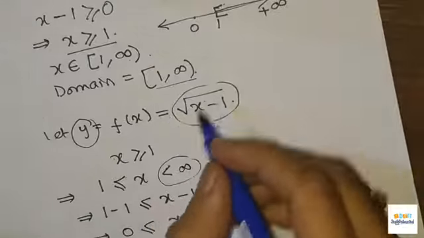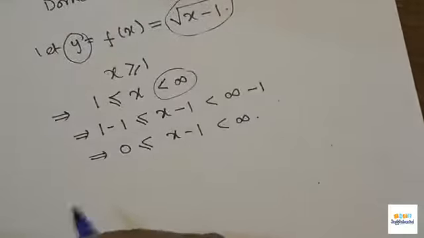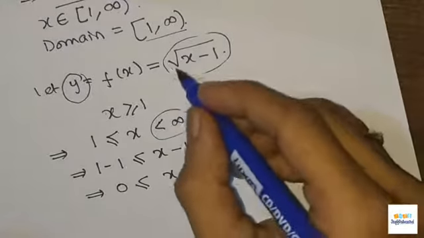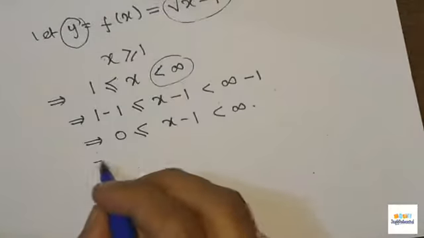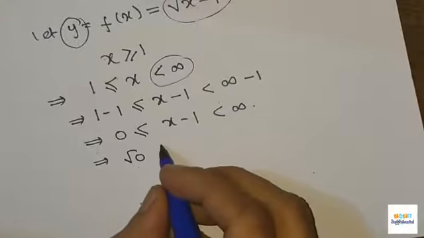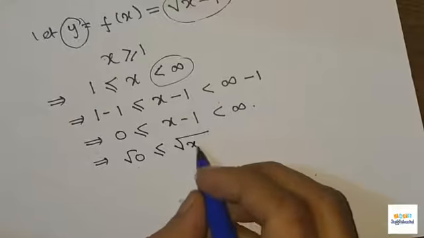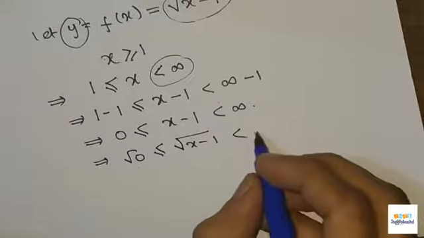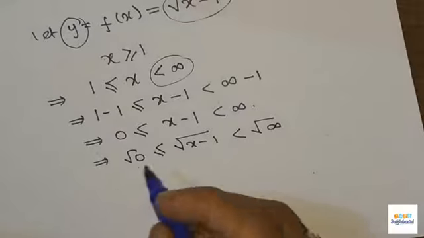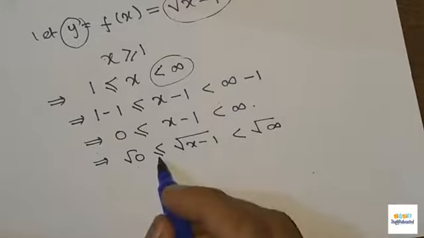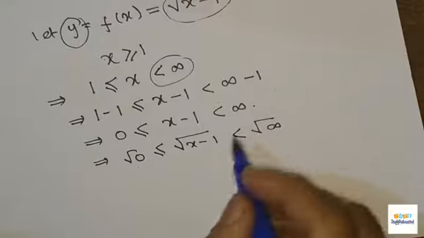Now we have to get root of x minus 1. So what we have to do is take positive square root throughout the inequality. So what you will get? You will get root of 0 less than or equal to root of x minus 1 less than root of infinity. Since we are taking a positive square root, the signs of the inequality will not change.